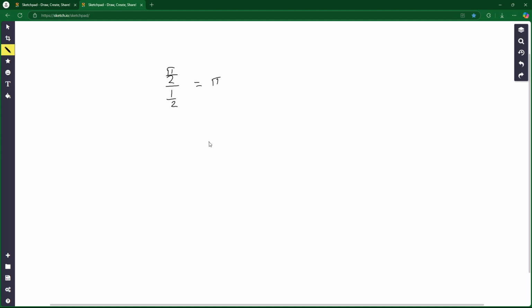Our original asymptotes would have just been pi over 2 and 3 pi over 2. So if we go to write that, go ahead and write 1 over 2.